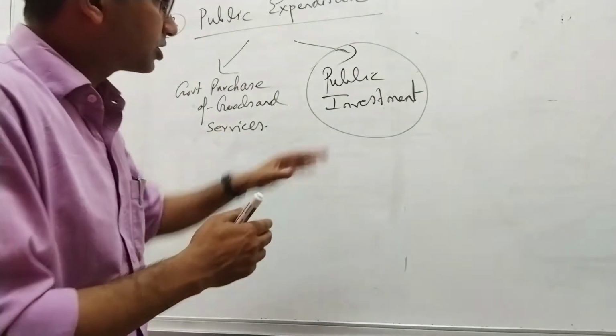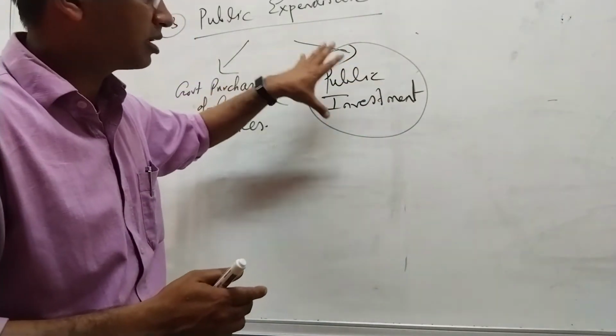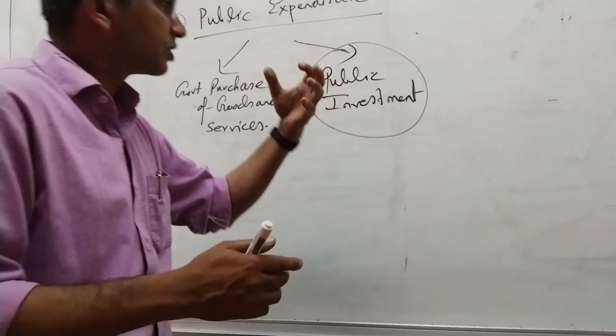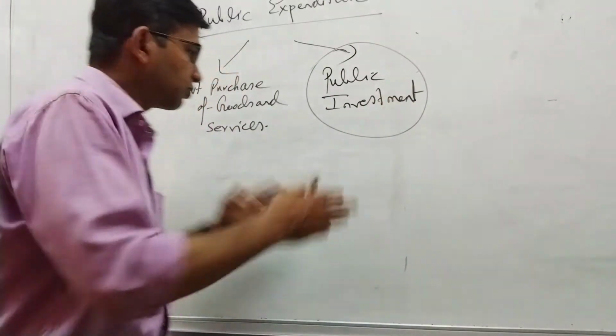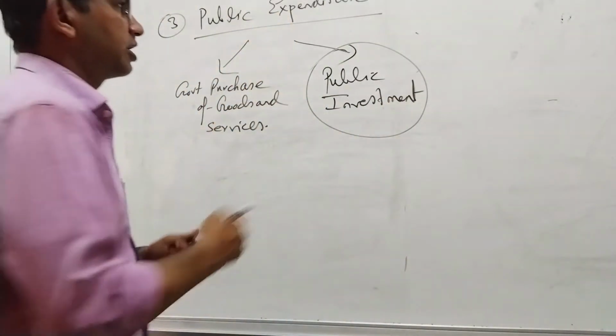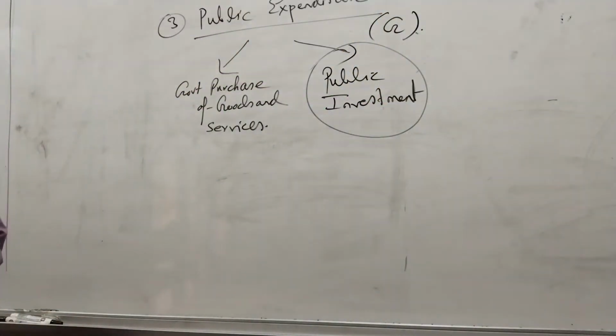So in such a situation, these investments have to be done by the government. This is called public investment. Whenever we take these two parts, the sum total is called public expenditure. We call it G in the economy.